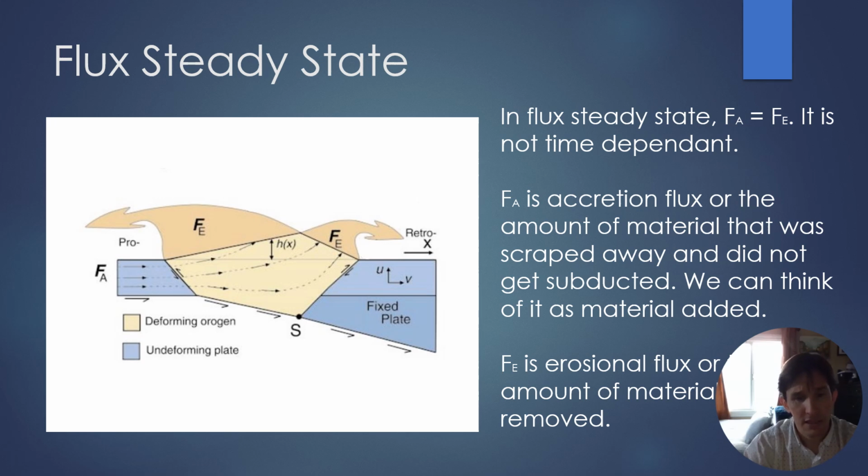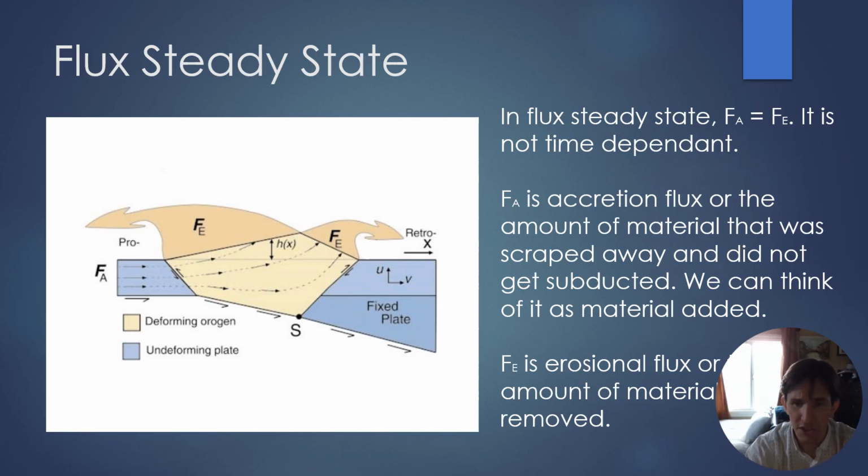And then, as it begins to uplift, we have increased erosion on both sides of a mountain range, which we marked here as FE. And if the system is in flux steady state, FA would be equal to all of the FE. That is going to be a flux steady state.